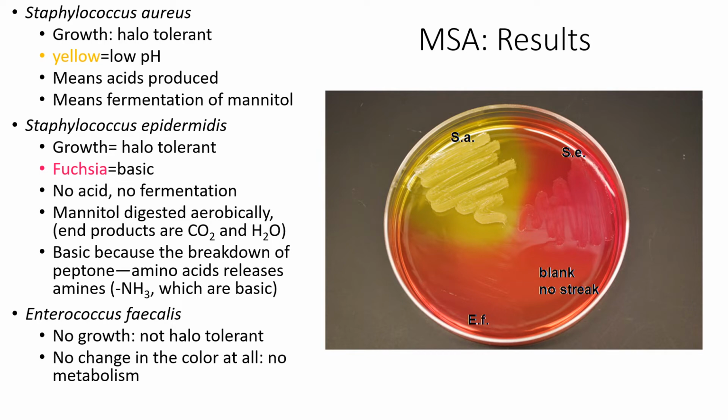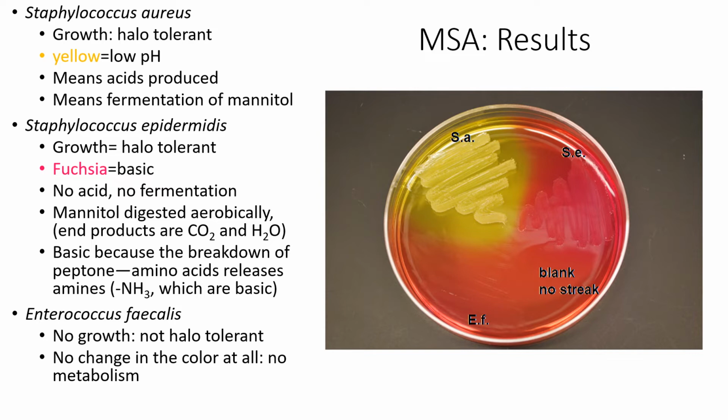Okay, who else is on this plate? Enterococcus faecalis, and what you can see is that you can barely see any growth at all. This is having a really hard time growing here, and yes, it has a problem being in oxygenated environments. We already established that before with the catalase, but the other problem keeping it from growing is the salt. It's just too salty here.